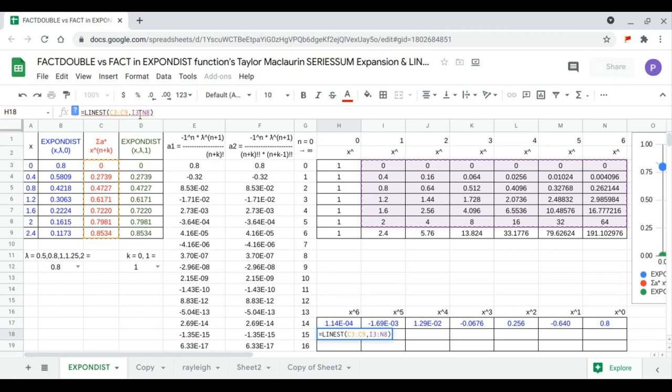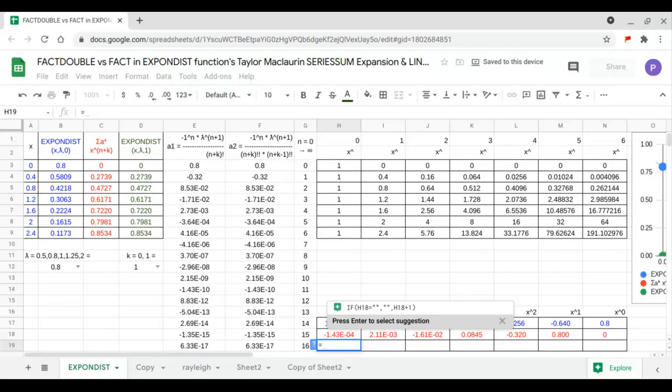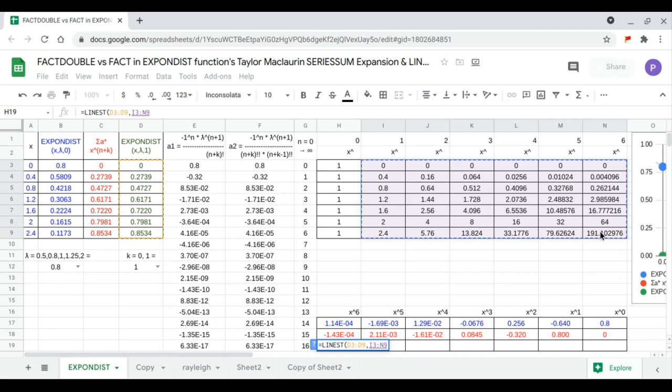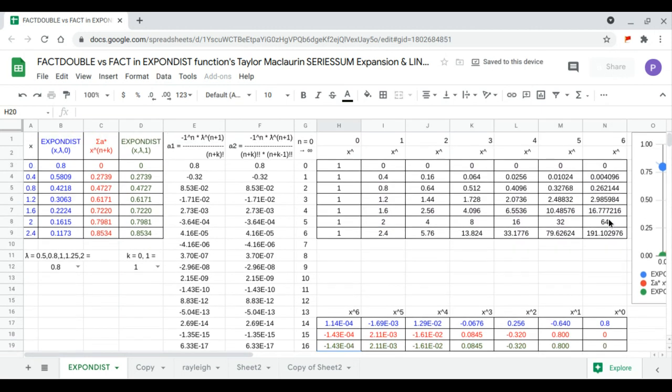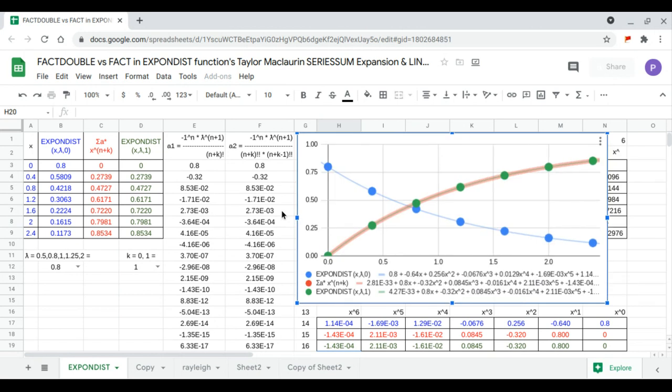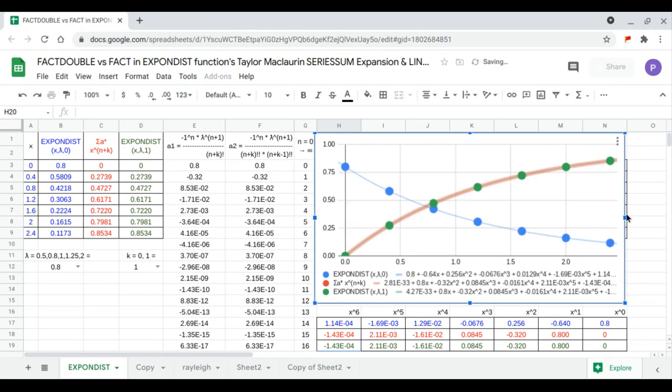Oh, this should be data x. Then enter. And finally, the cumulative distribution function, LINEST, data y, and data x. Enter. We can inspect if our calculations are correct.